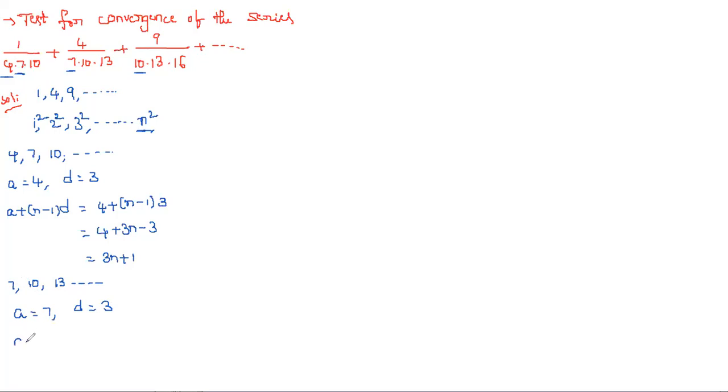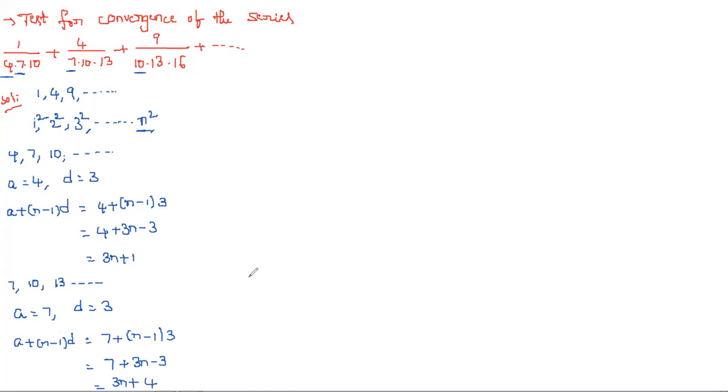Now the nth term is a plus n minus 1 into d, which is 7 plus n minus 1 into 3. So this is equal to 7 plus 3n minus 3, which is 3n plus 4. This is the second one.